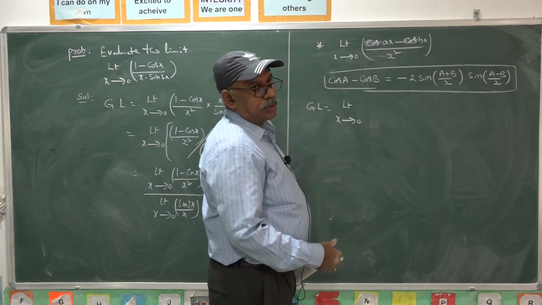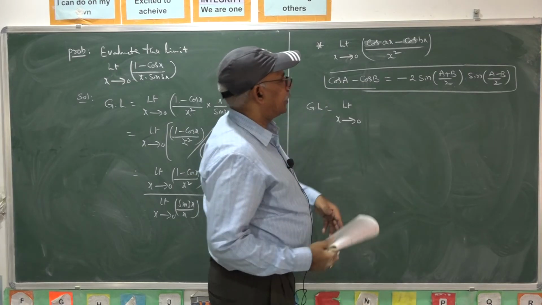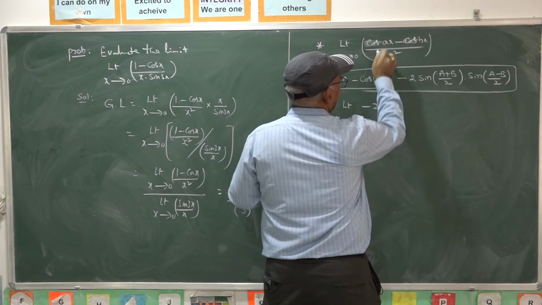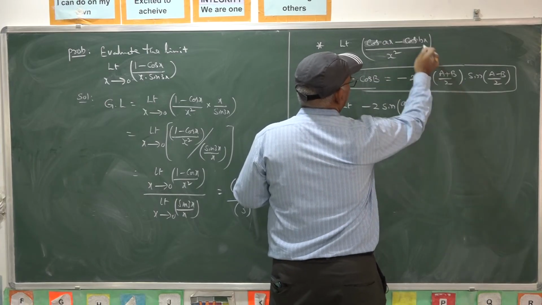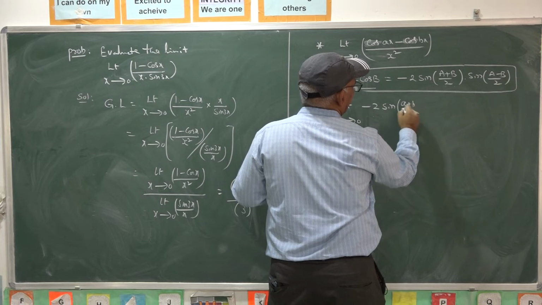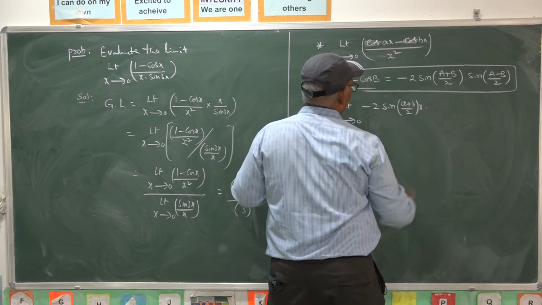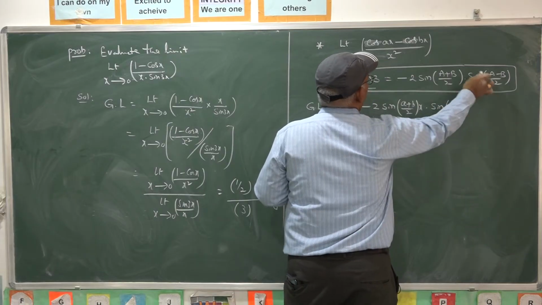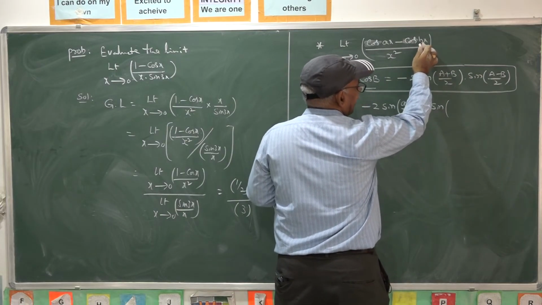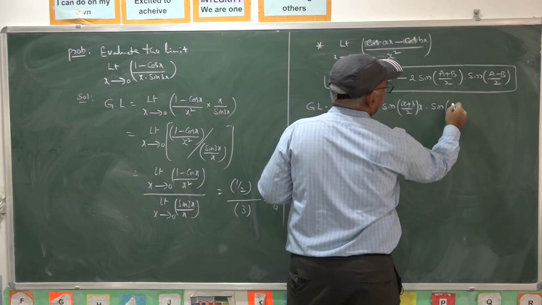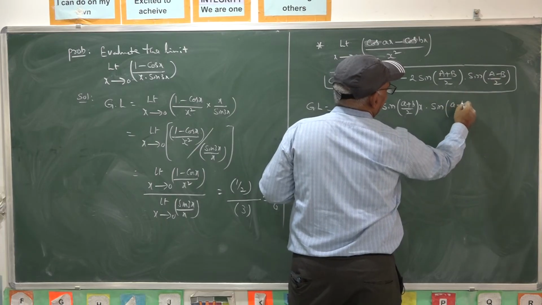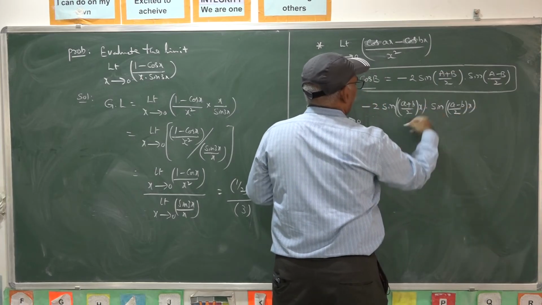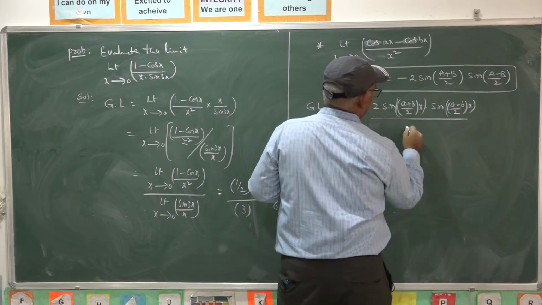Hence, you can write that difference as a product: minus 2 sine of a plus b by 2 into x, into sine of a minus b by 2 into x, by x square.